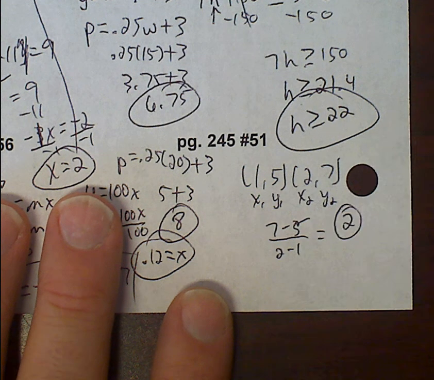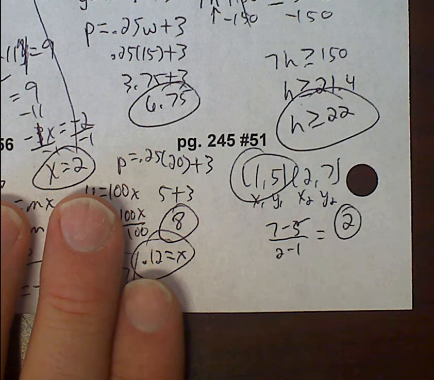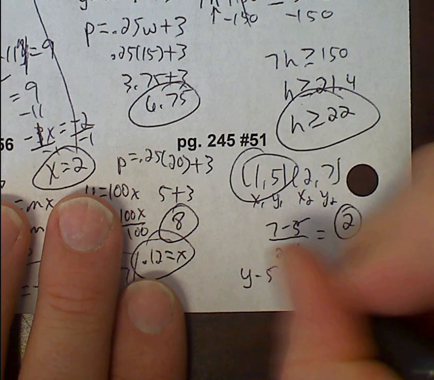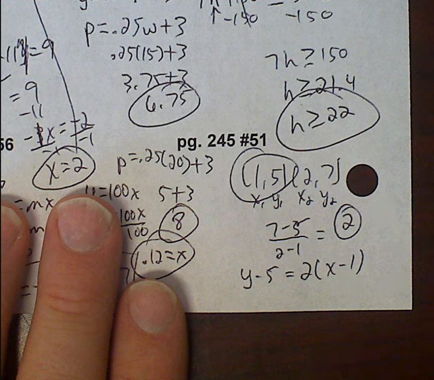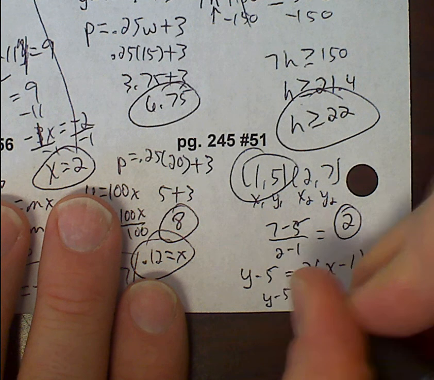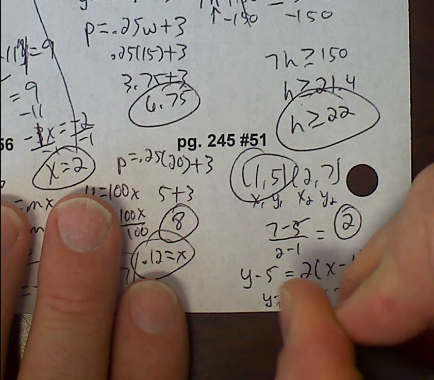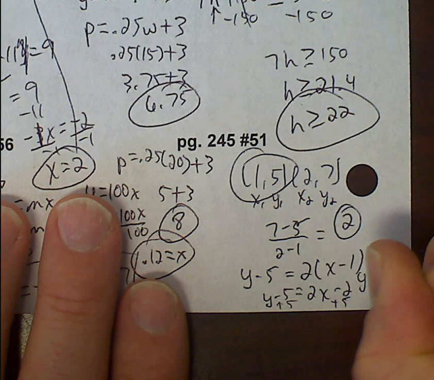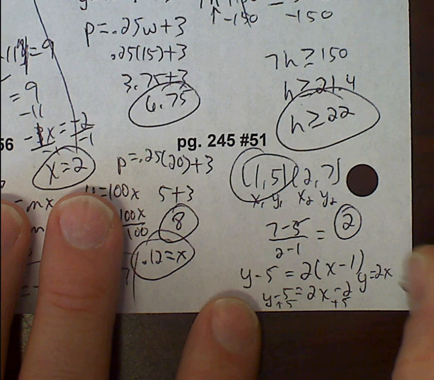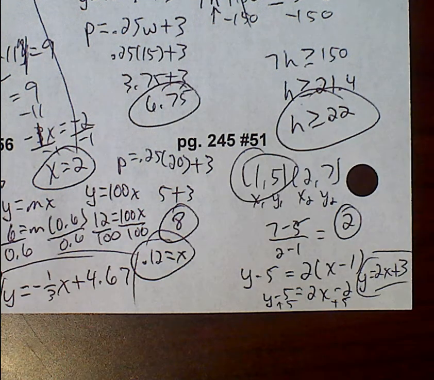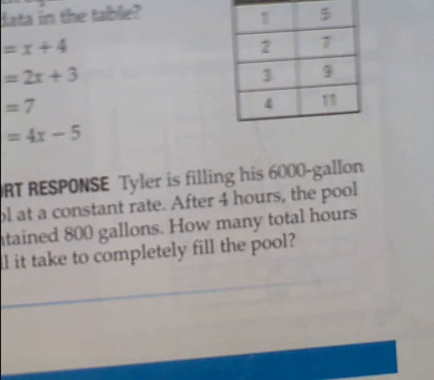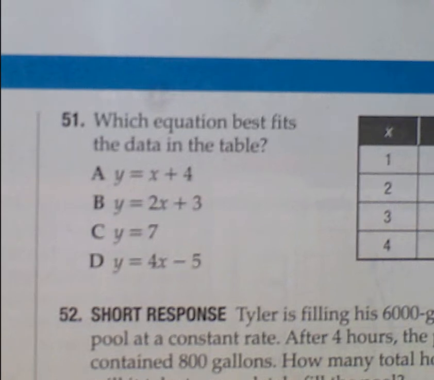My slope would be 2. I'm going to use point slope. Y minus 5 equals 2 parenthesis x minus 1. Y minus 5 equals 2x minus 2. I'm going to add 5. I get y equals 2x plus 3. So this would have to be letter B. And I'm done.